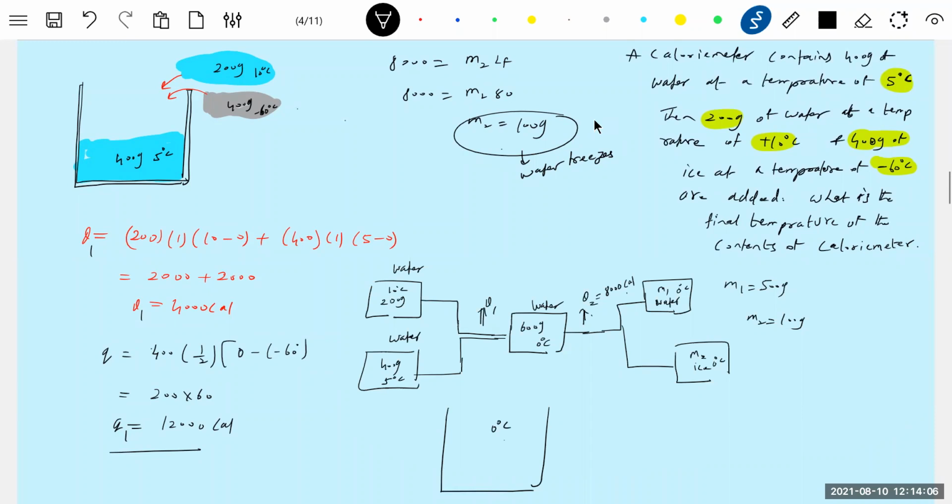So how much of water? 500 grams of water and 500 grams of ice. Let me show it in this way: this is the 500 grams of water, and 500 grams of ice.